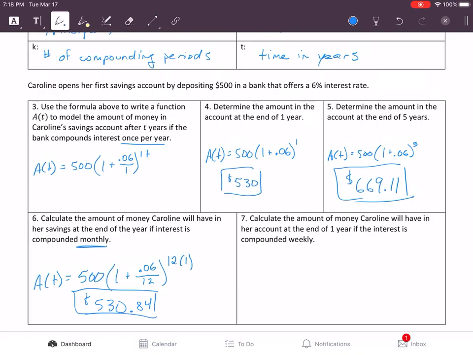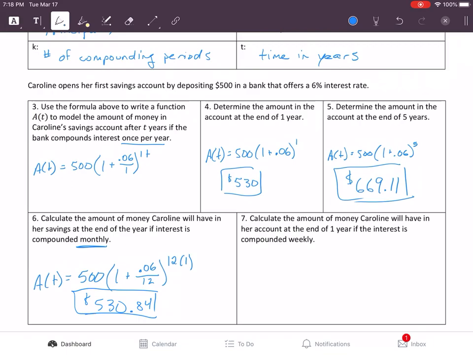Okay, so notice this one's 84 cents more than if it was just compounded at the end of the year versus every month. Eventually that would grow to a very big amount. That 84 cents, because you're compounding so often, would grow faster than compounding for just 1 year.